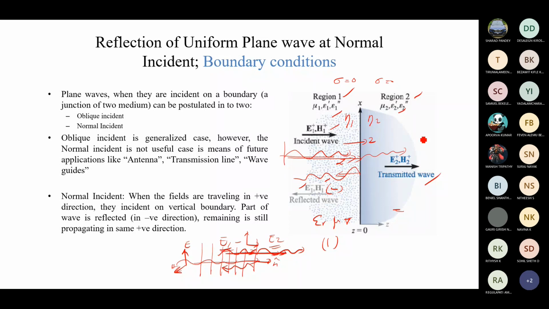The transmitted wave travels in the positive direction, and its amplitude is described with E2 and H2. Now the question is, what is the relationship between E1 plus, E1 minus and E2 plus? These are the three waves that exist at a boundary. So what is the relationship between them? That is what we are going to see.